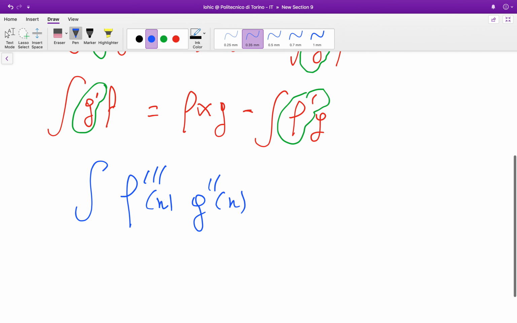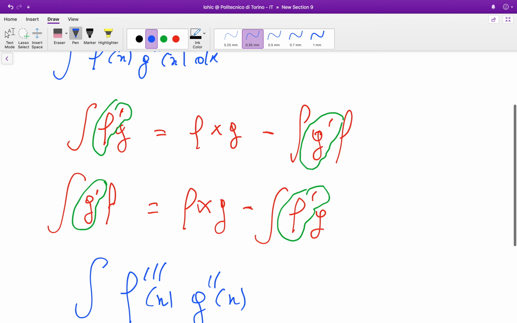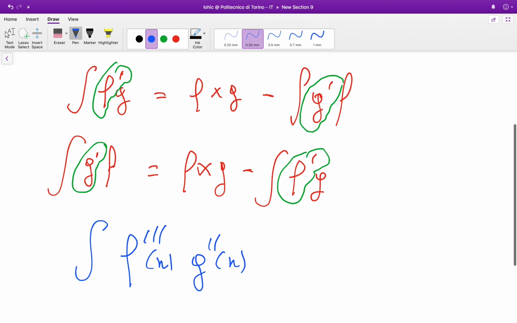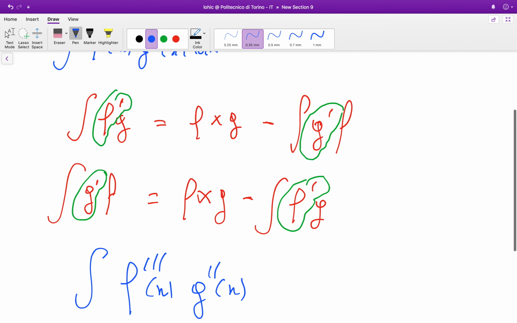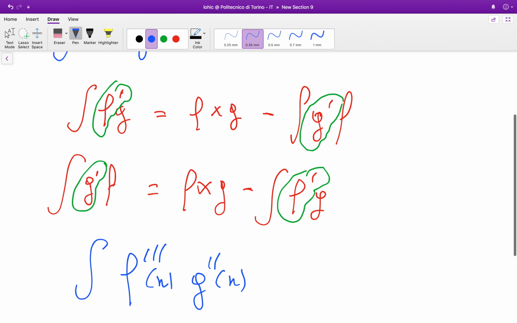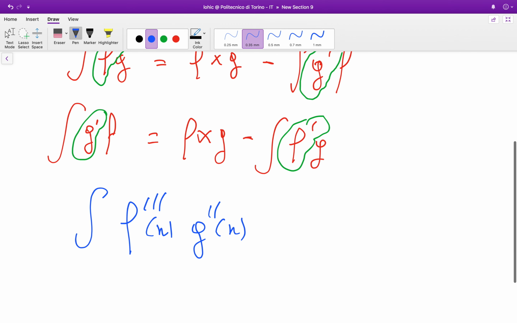Now look, when you are working with integration by parts, you have two functions. You should choose one that you assume is a derivative and another one that you keep as it is. So you decide that one is f prime and the other is g, or one is g prime and the other is f.